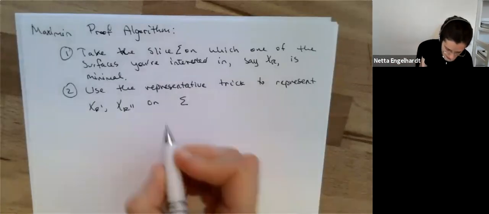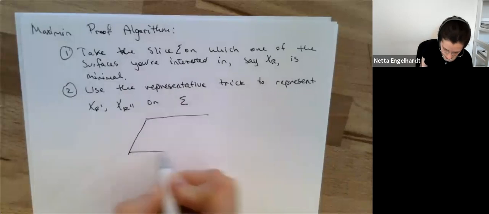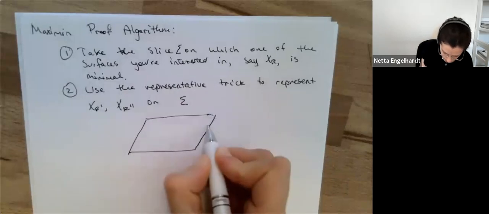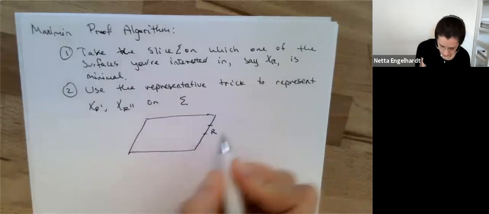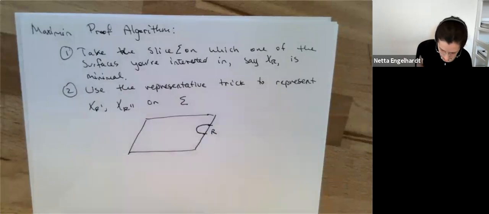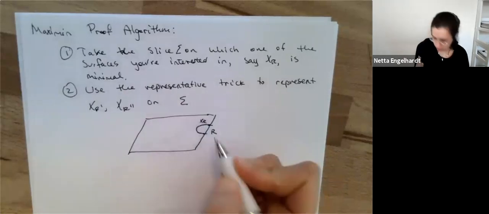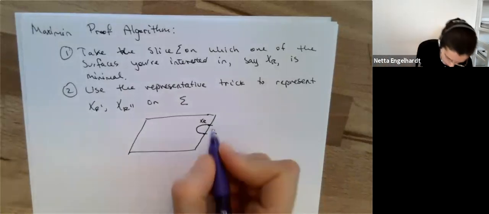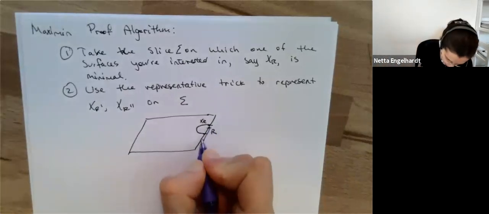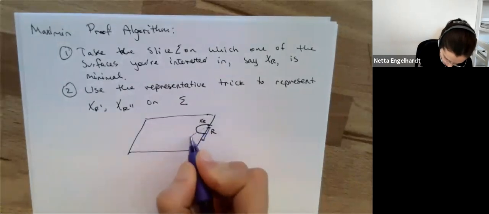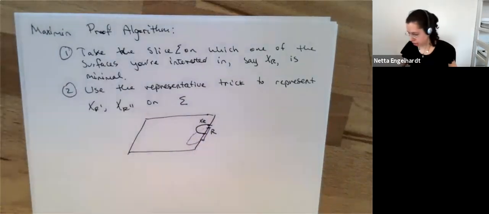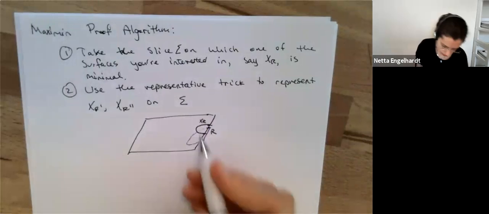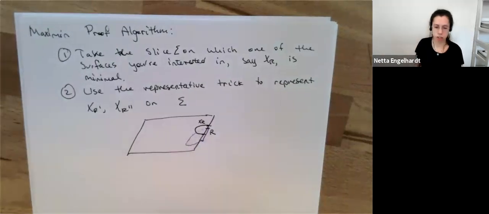So see if I can draw a picture that looks nice for this. Here we have R, and here we have our XR. And maybe we have another extremal surface, which goes sort of down below. And then we're going to map it using our null geodesics.